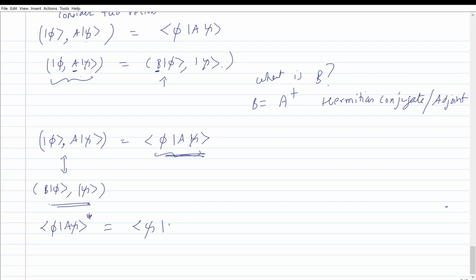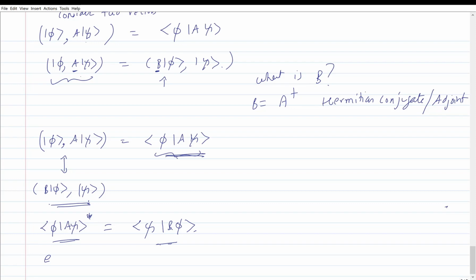The goal over here is to just evaluate B. So what I did was, the complex conjugate of this inner product is this guy, which should be equal to this guy, the complex conjugate of this inner product. And now I can calculate B.